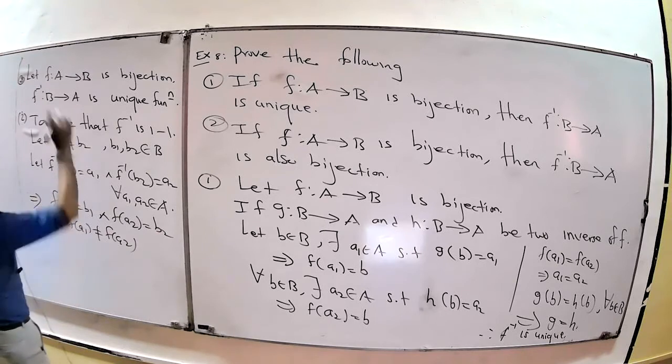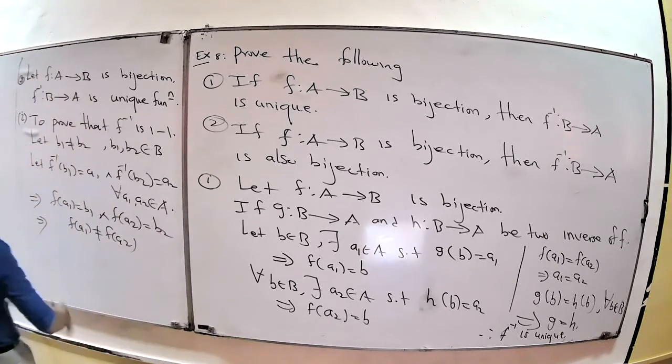Here a1, a2 belong to A, therefore f is 1 to 1.